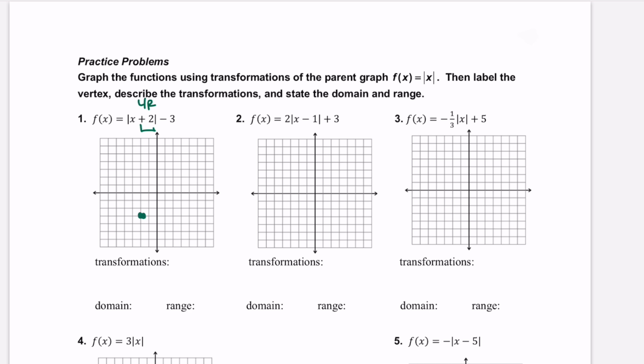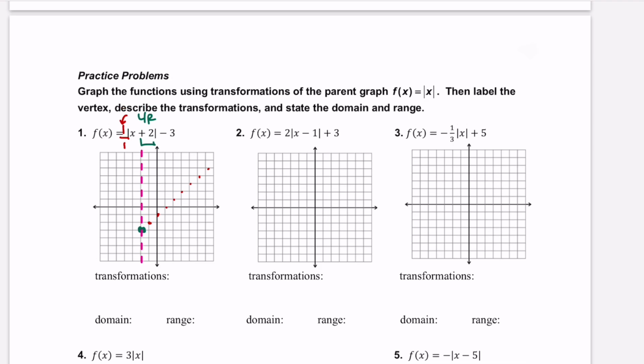If there is not a number in the front, it is an up 1 over 1. So I'm going to go up 1 over 1, up 1 over 1, up 1 over 1. We can just keep going across the graph. And then we would put our axis of symmetry right on top of that vertex.